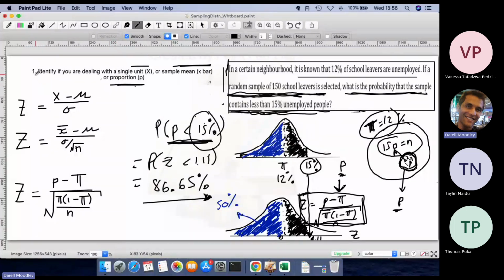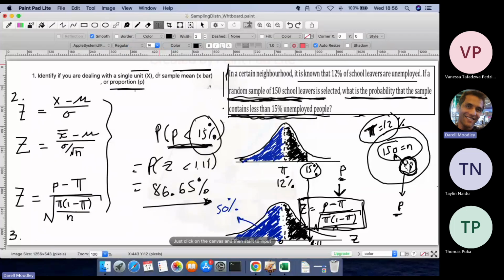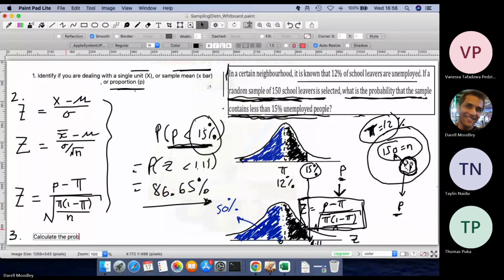So for statement one, as soon as you know which one you're dealing with, that'll determine which formula you use. Step two is to use the appropriate formula that I just showed you. And once you've got the Z value you need, the last step is to calculate the probabilities using the standard normal table at the back of your textbook.